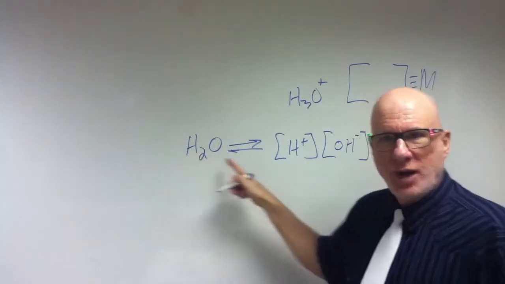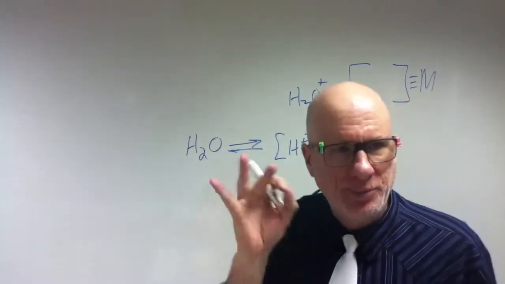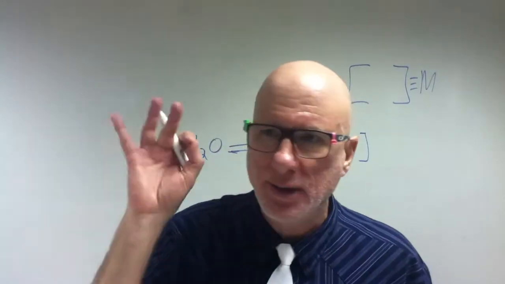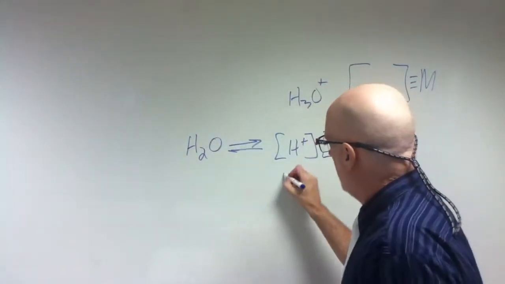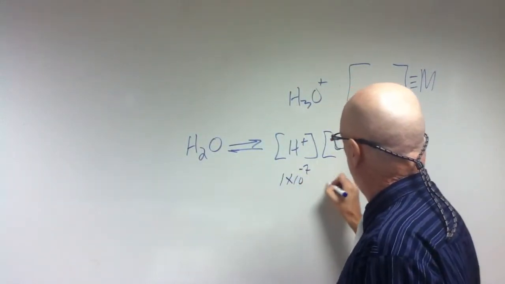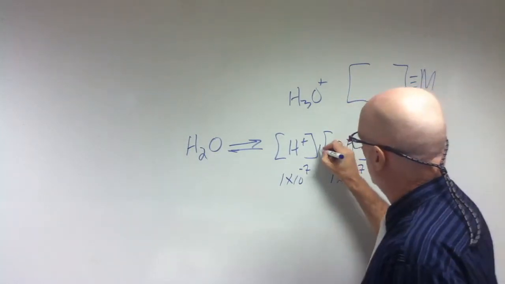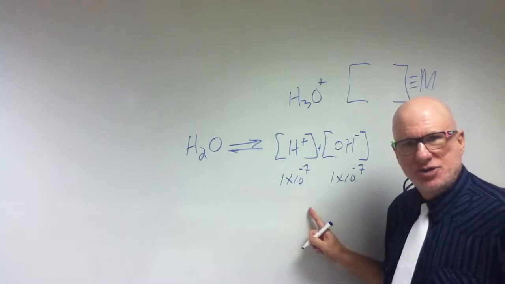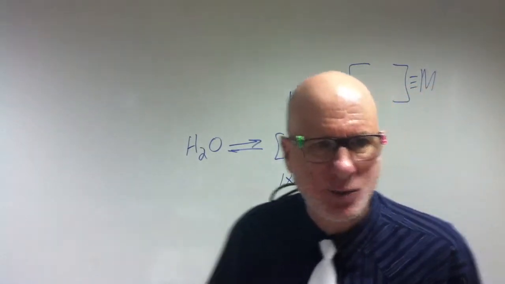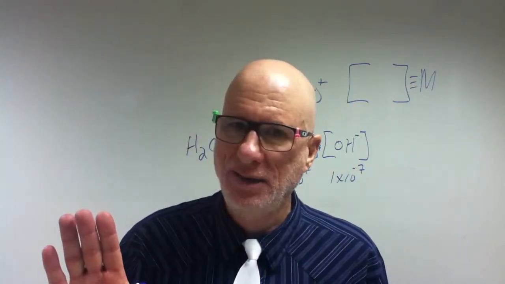Now, absolutely pure water has a concentration of 10 to the -7 for each. If I multiply those together, I get a constant, which, what did I just say, Armindo?